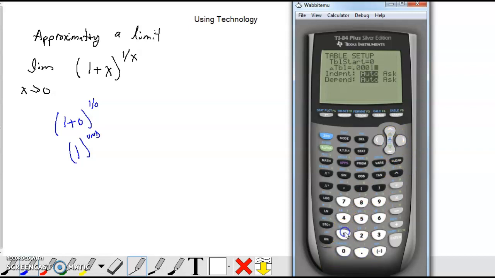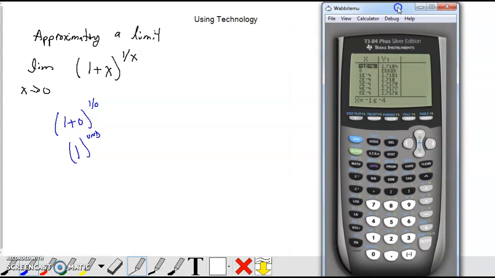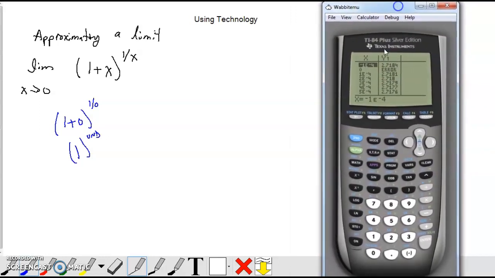Let's see what happens when I do that. Okay, so notice that again, as I get closer and closer to the number 0, it gets about 2.7181, 2.718184.